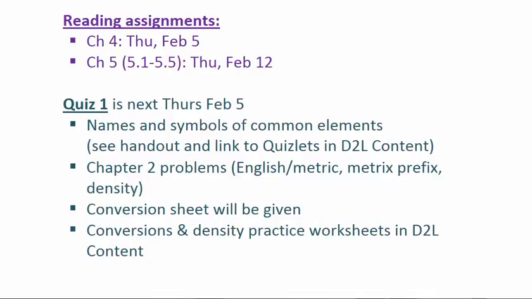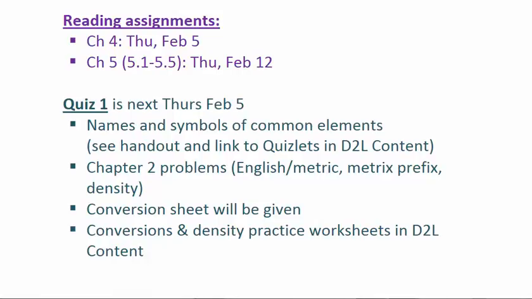Problems could just be a word problem that has most of the conversions that you need right in the problem. So we'll do an example of that. You'll be given the conversion sheet, so you don't need to memorize anything that's on that sheet. You'll be given that sheet, but you need to know things that are not on the sheet, like how to do metric conversions, right? Like milliliters and cubic centimeters and stuff like that.